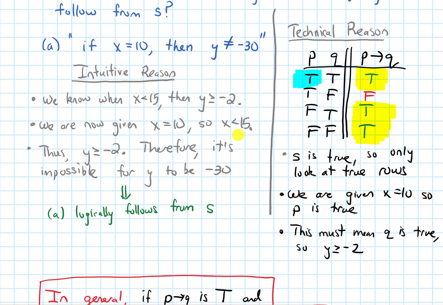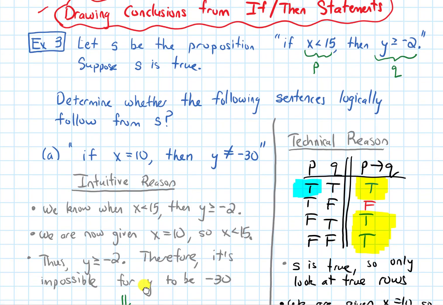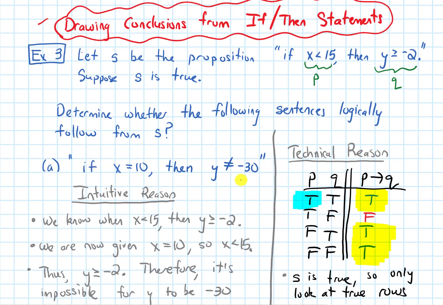All right, and if y is greater than or equal to -2, therefore, we can now conclude that y, if it's greater than or equal to -2, is definitely not equal to -30. So we reach that same conclusion this way. Well, this one is more of a technical way to argue it using truth tables. Okay, so I want to use this truth table now to say something about when can we conclude things from these if-then statements in general.